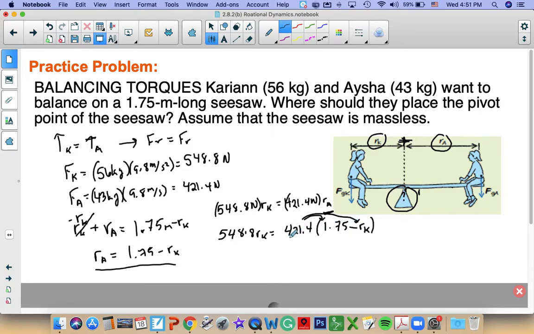So let's do that. 421.4 times 1.75, and I got, I'm going to show my work here, 548.8, got to keep that R sub K over there, equals 737.45 minus 421.4 R sub K. So I'm going to move this over.